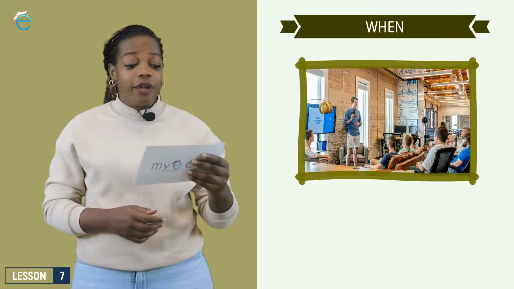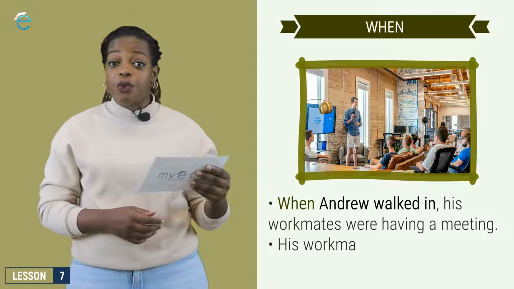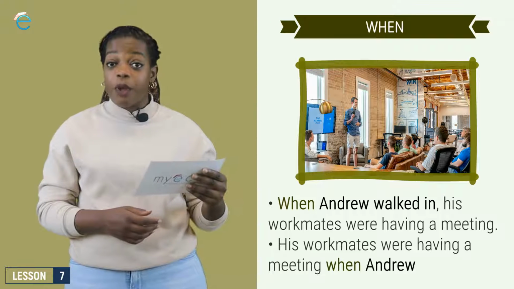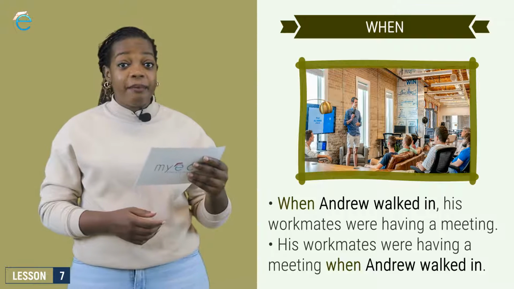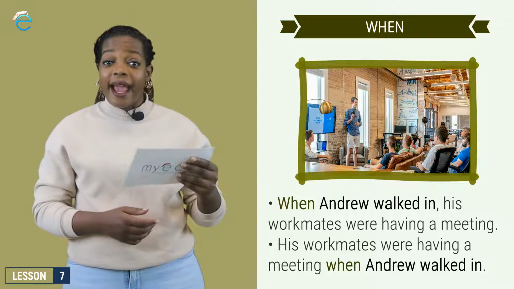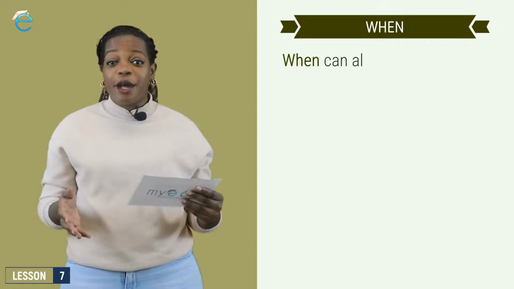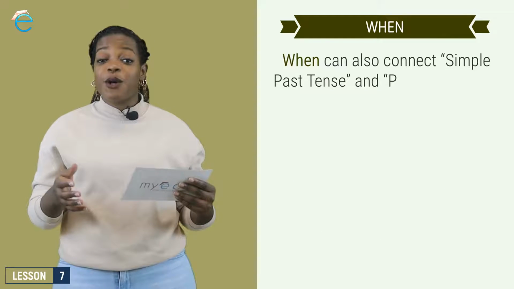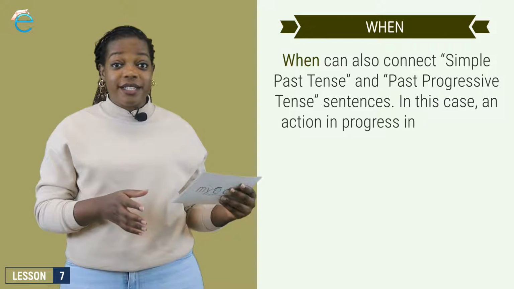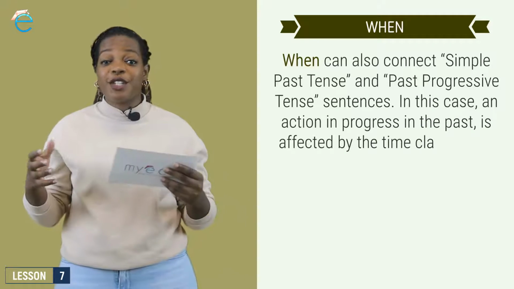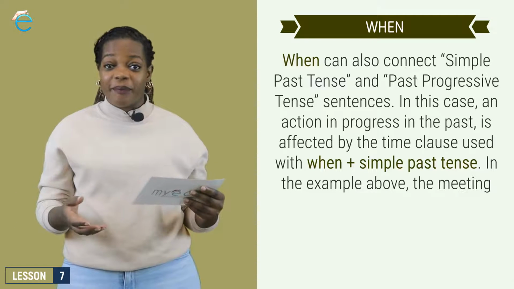Next example, when Andrew walked in, his workmates were having a meeting. Or, his workmates were having a meeting when Andrew walked in. This example shows us that it is also possible to connect a simple past tense and a past progressive sentence with when.